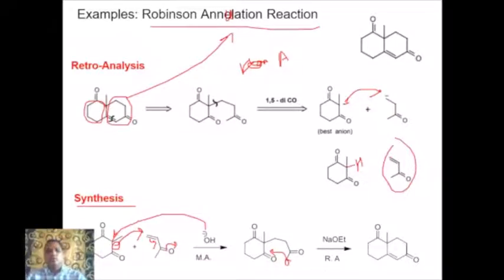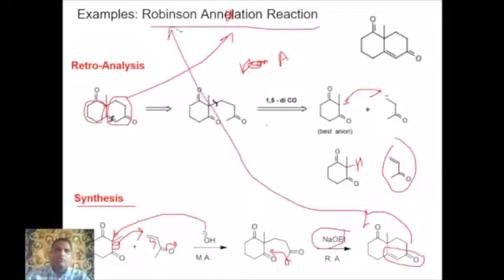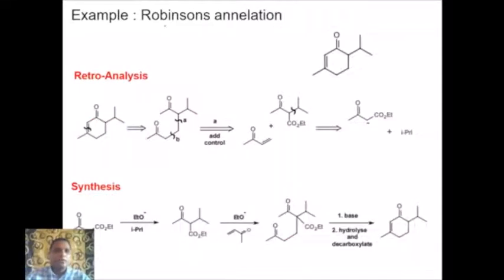This is what the reaction is there. By using a base we can generate the alpha beta unsaturated cyclic ring with the one cycle. एक cyclic ring के साथ दूसरा cyclic ring बन जाता है, उसी को क्या बोलते हैं, Robinson annulation reaction. Another examples how we can generate something like this one.